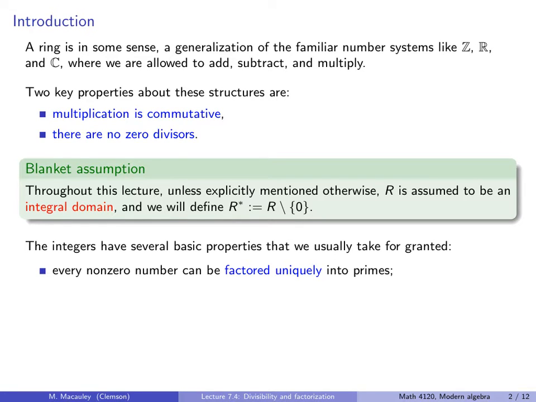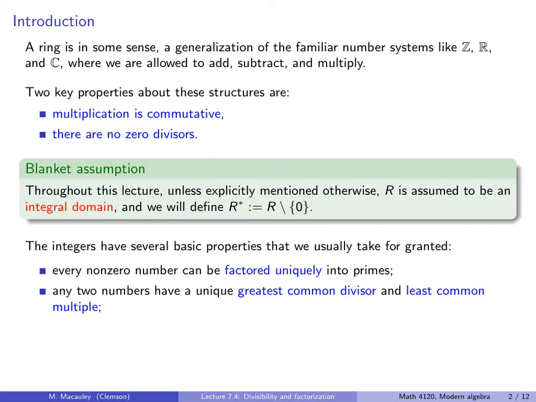Now back to things that we learned growing up in school. The integers have several basic properties that we usually take for granted because they're so simple. First of all, every non-zero number can be factored uniquely into primes. Second, any two numbers have a unique greatest common divisor and least common multiple. Again, I probably should say non-zero here.